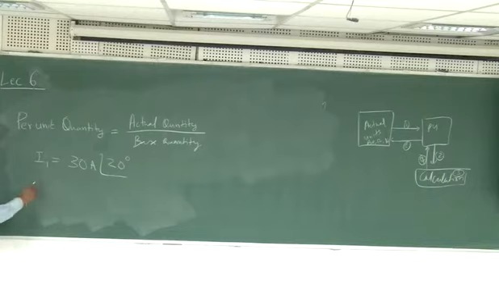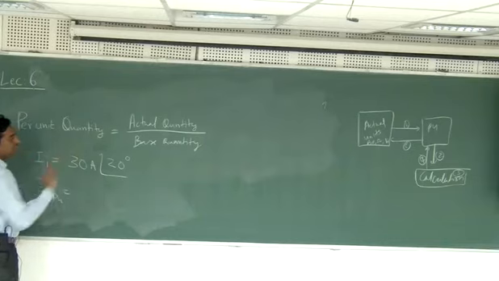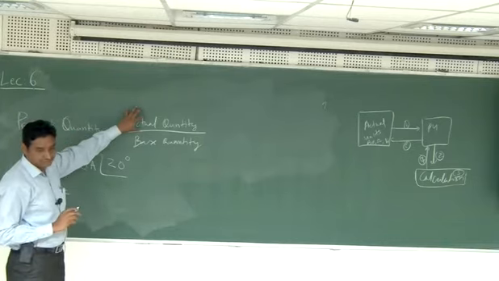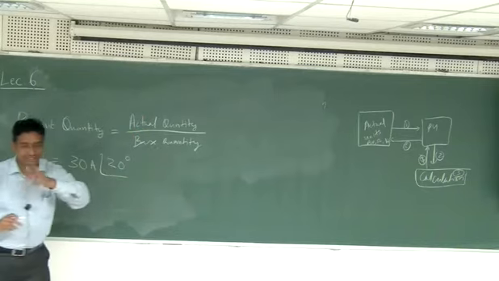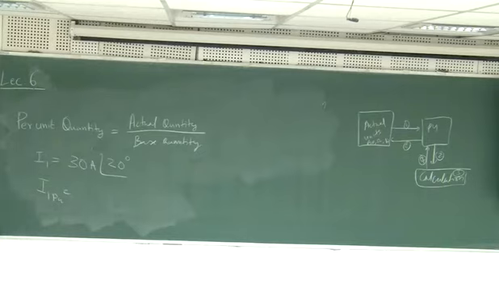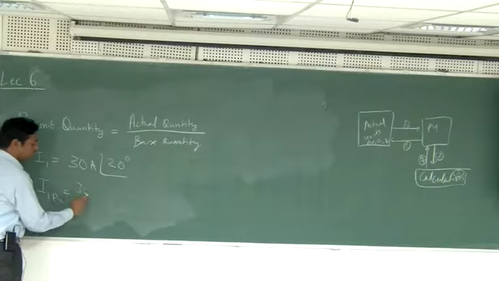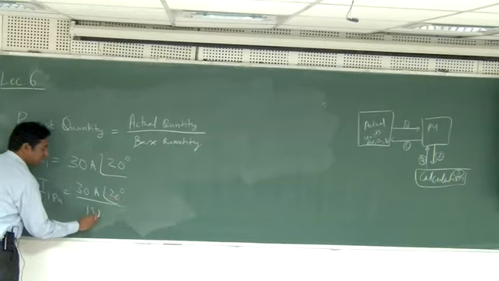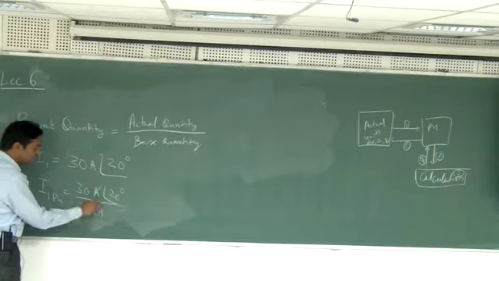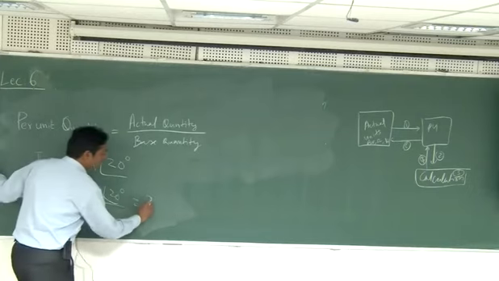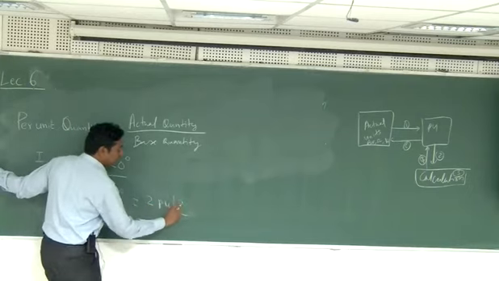You do the same thing. So I1 per unit is nothing but, see, this is a complex number, but the denominator is always a real number itself. There is no complex base. So you always take it as a real number. So simply 30 amps at 20 degrees divided by 15 amps. You can consider the base as 0 degrees, but amperes will cancel. So 30 by 15 will be 2, so I will say 2 per unit at an angle of 20 degrees.